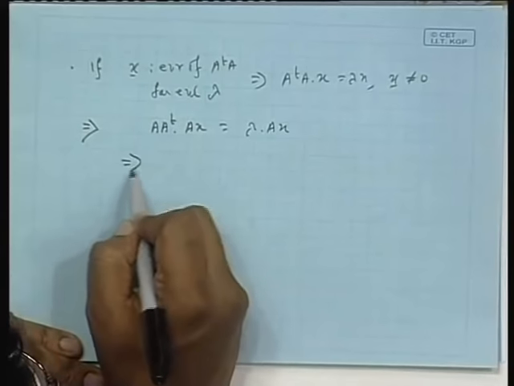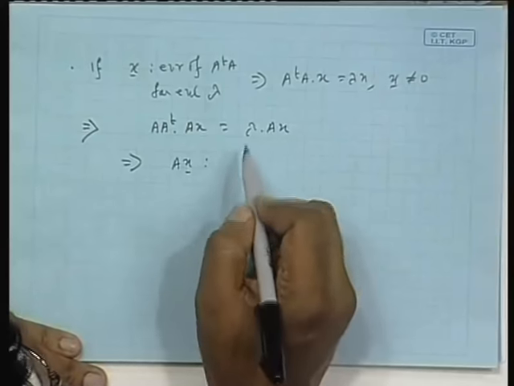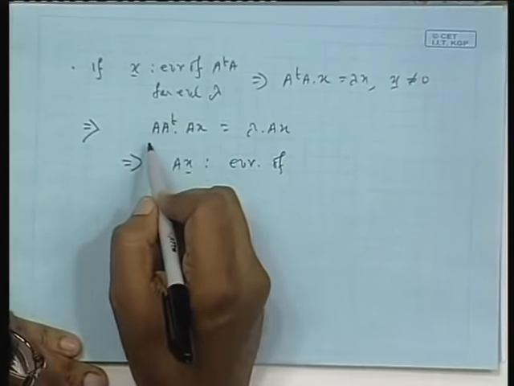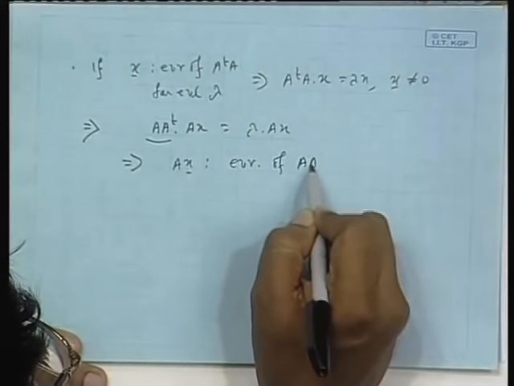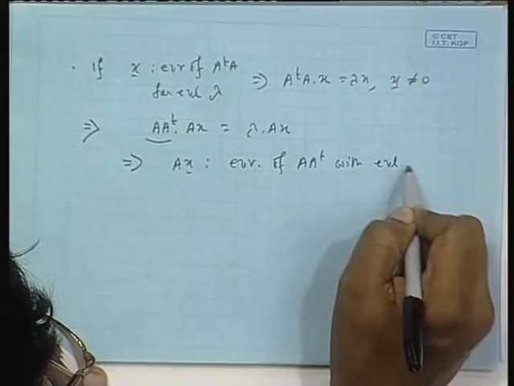So, that means in that case A x is an eigenvector of this matrix A transpose with eigenvalue lambda.